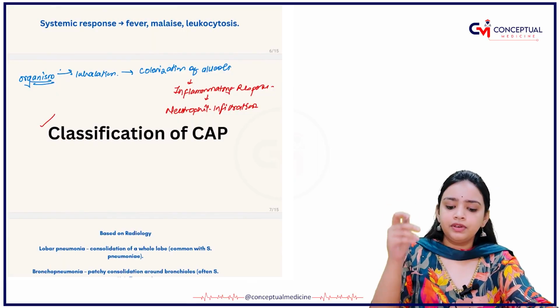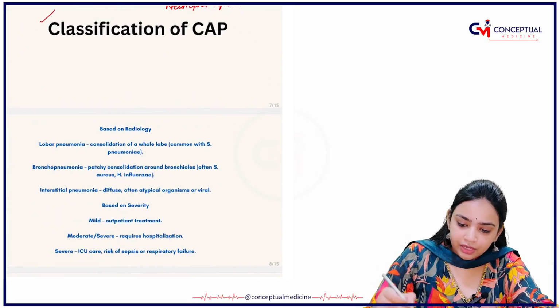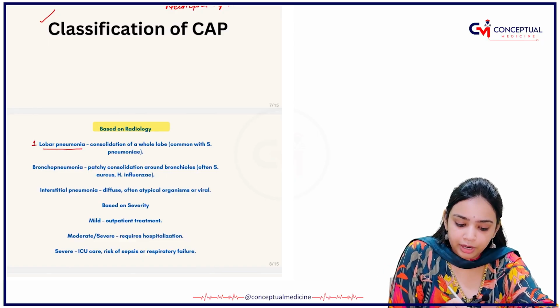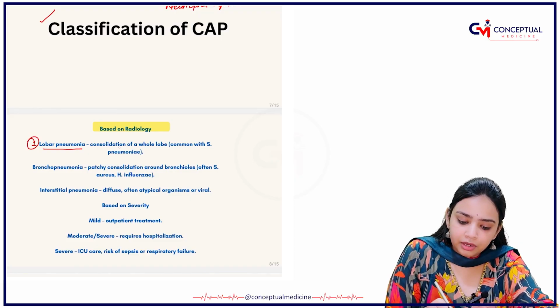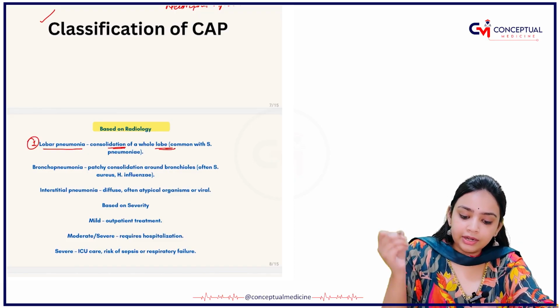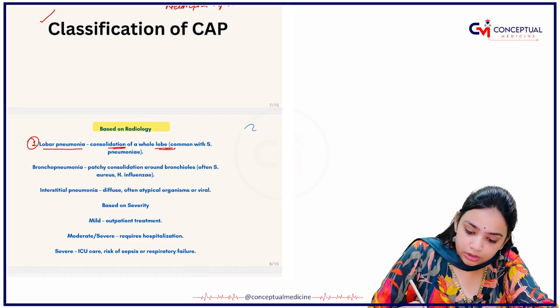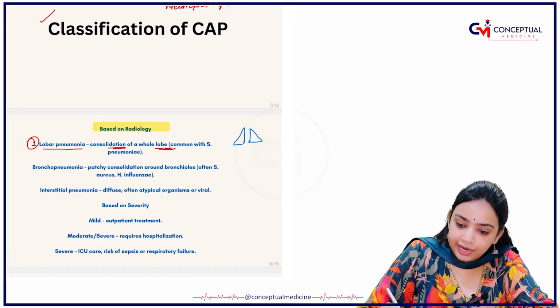Let's see the classification. First it is based on radiology. Based on radiology, the first one is lobar pneumonia. In lobar pneumonia, there is consolidation of the whole lobe. If I draw the diagram over here, these are your lungs, right?